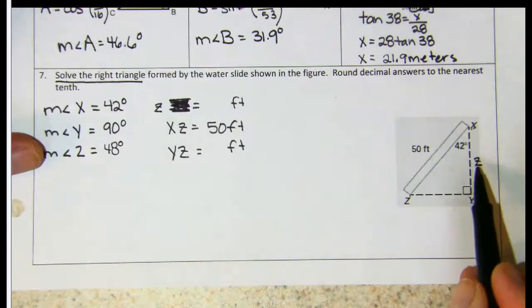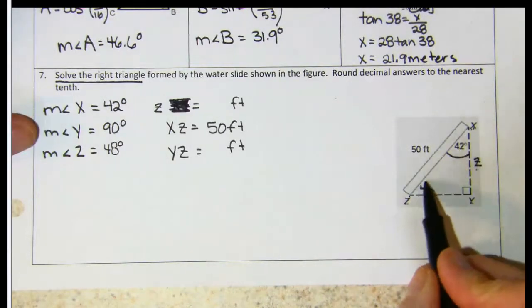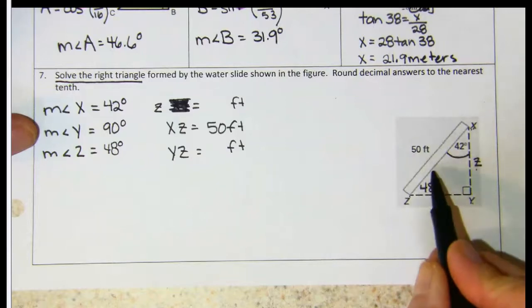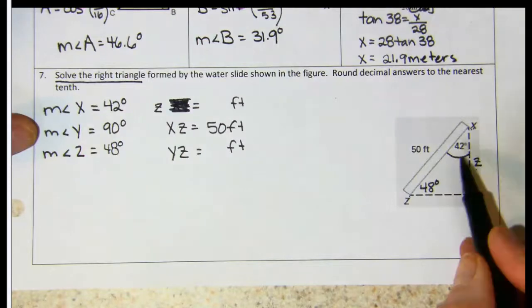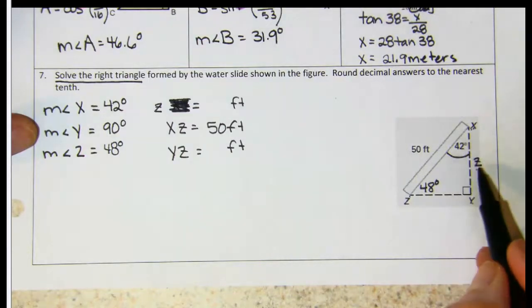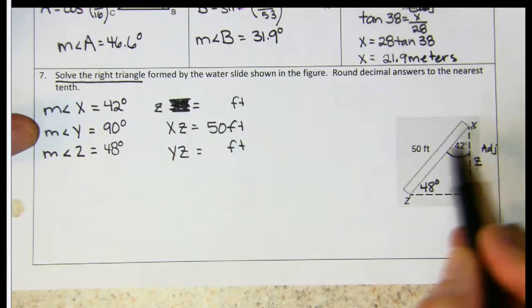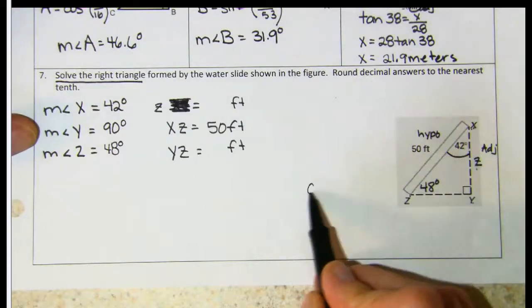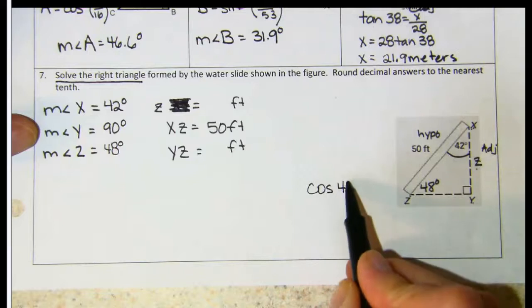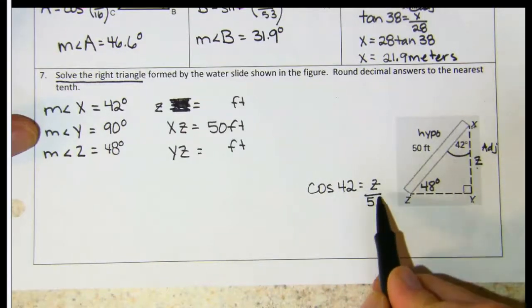Now, for z, its relationship to 42 or its relationship to 48, you have so many options now. Since 42 is in the diagram, I'm going to stick with 42, and I'm going to notice that z is the adjacent leg, and 50 is the hypotenuse. So that tells me to do cosine 42, and that's going to be z over 50.